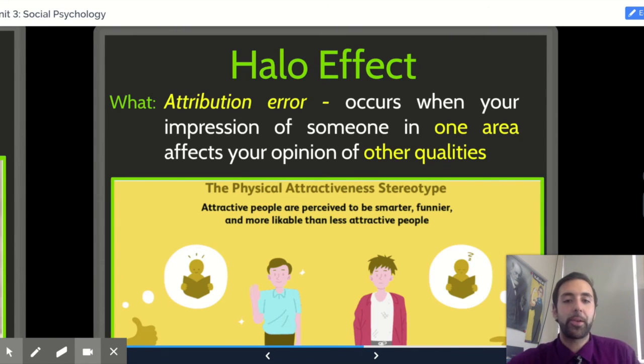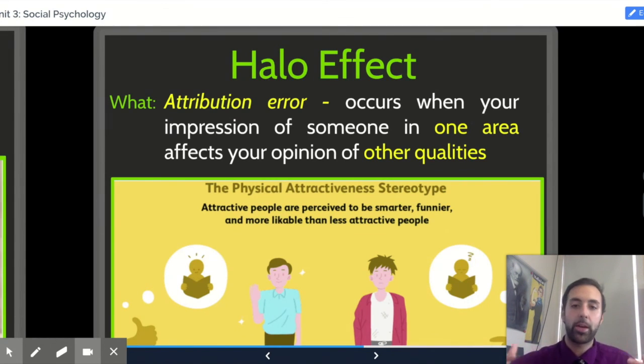If you show up to a job interview dressed well, dressed for the part, an individual who dresses in appropriate professional attire is going to be evaluated more highly and as more effective than an individual who dresses in something more casual, even if they answer the questions the same way and present the same qualifications. But because that impression about dress was positive at the beginning with that well put together, professional outfit, it bled over into other aspects of your evaluation.